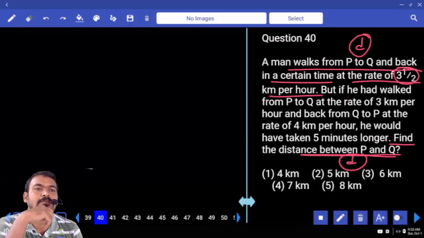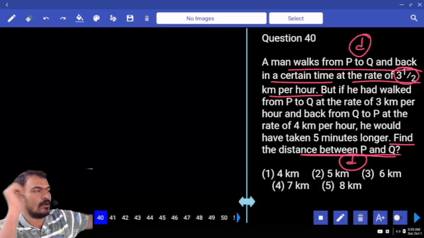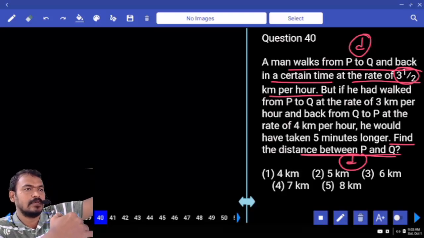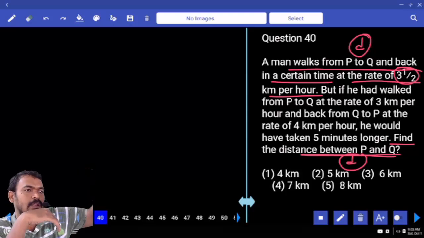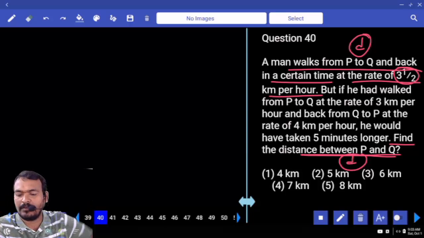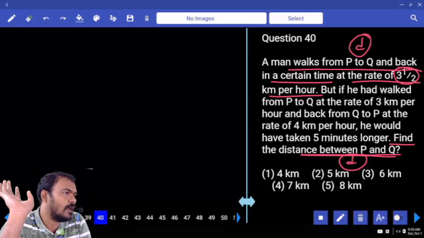Means distance must be a multiple of which one? 3.5. Because if the distance value is written, the speed value has denominator 100. Distance d, speed value 3.5, means the numerator must be a multiple of denominator 100. Yes or no? Then the answer must be a multiple of 3.5. How many options? Only one option, 100. Yes or no?